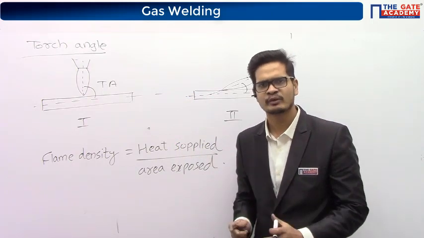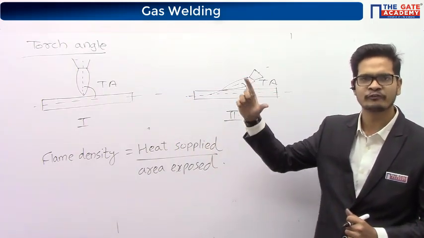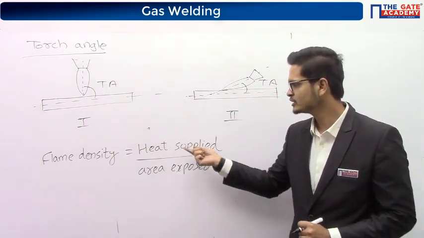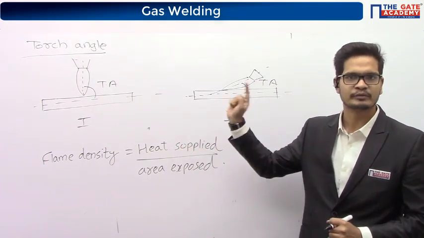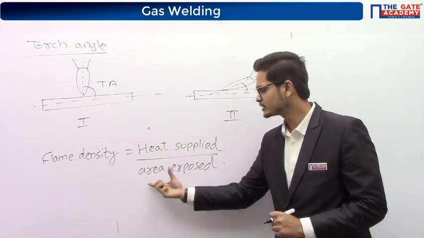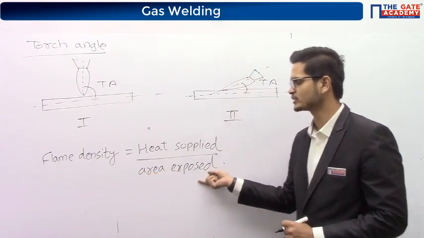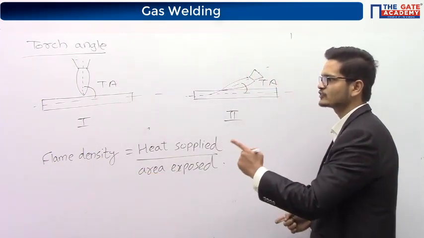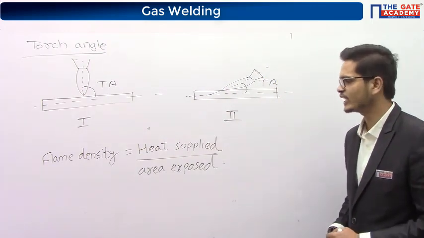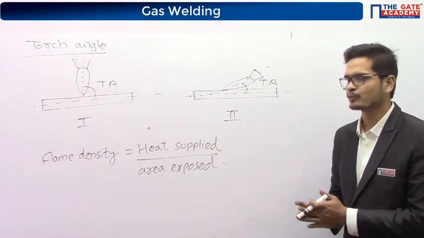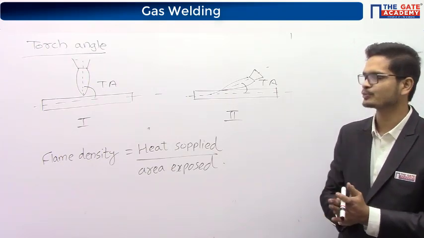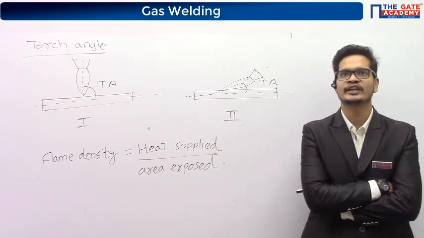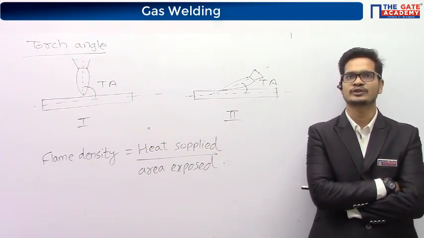I have not mentioned anything about the flame, so let us assume we are using the same flame. It means the heat supplied is the same in both the cases. Now let us see the area exposed. Out of case 1 and case 2, in which case is more area exposed?